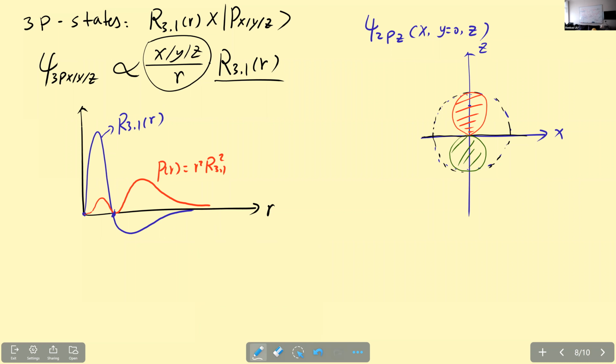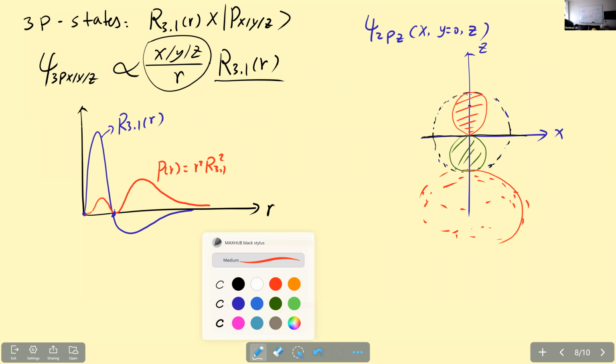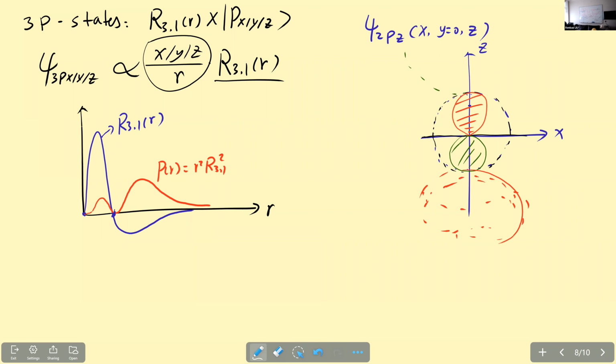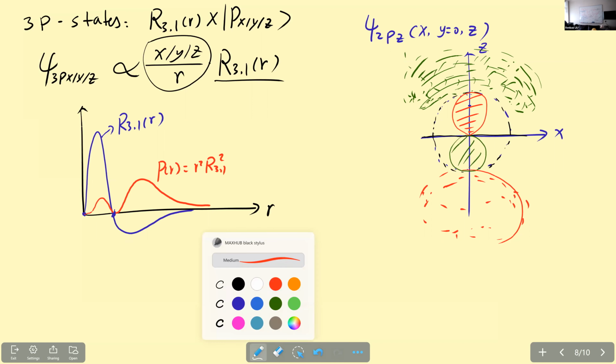And then here you can have something positive, but of course it's going to decay to 0 at infinity. Sorry, it should be something like this. For the lower part it's something like this one.